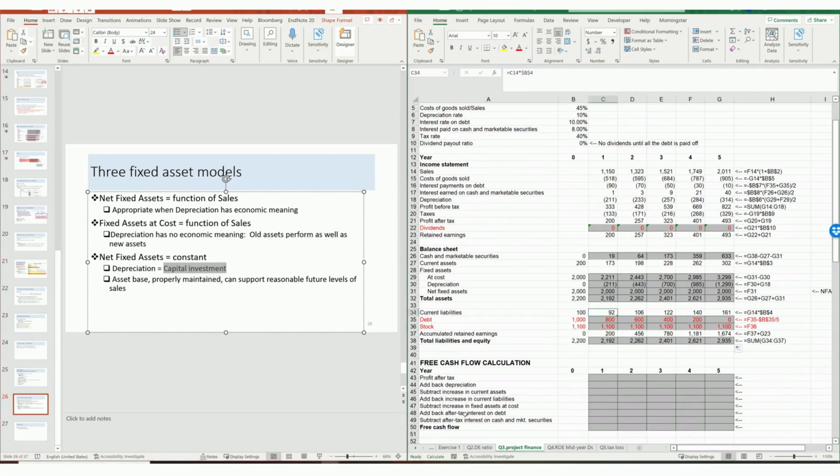Now, the CAPEX is basically here, the increase in fixed asset at cost. So it will equal the increase of the growth of fixed asset at cost.